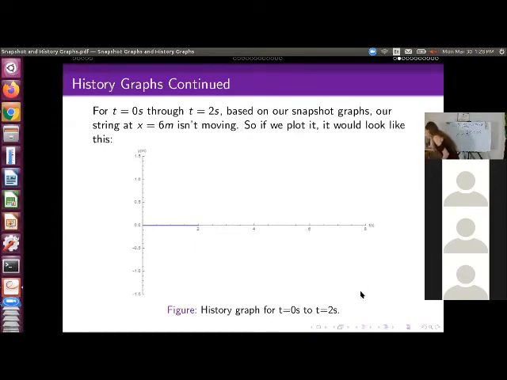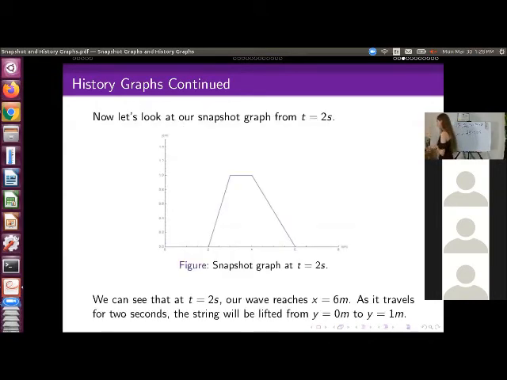All right, so let's look ahead to 2 seconds. So we can see 2 seconds is when we finally reach this point. And if you think about what happens as this wave moves forward, this point here is going to start out at 0, and then it's going to slowly creep up, as this wave slowly inches over until it reaches this point.